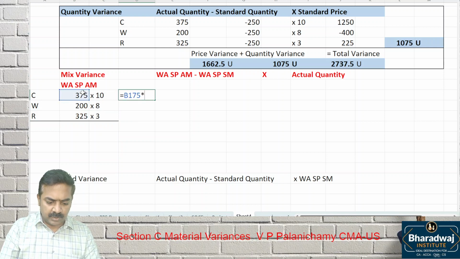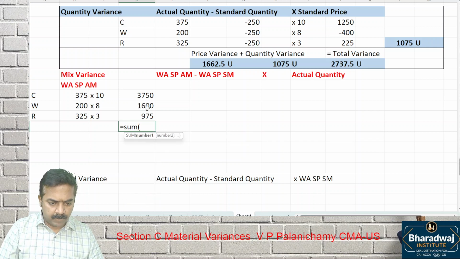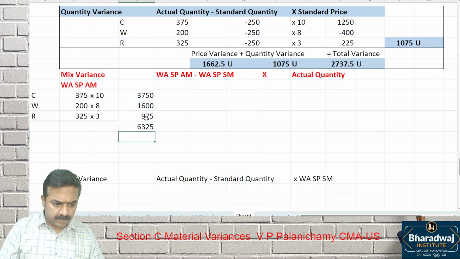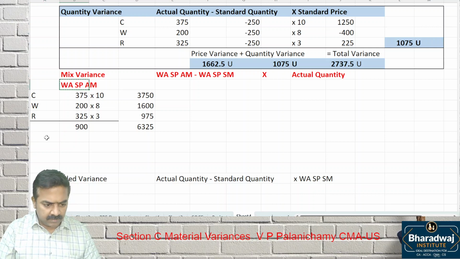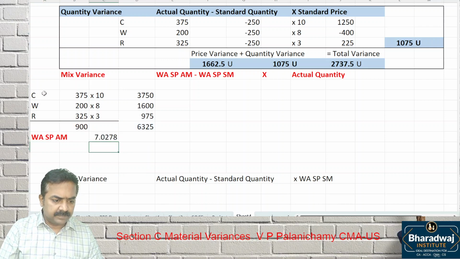Listen to it, this is a new one for us. So now if you work out 6325 divided by 900.